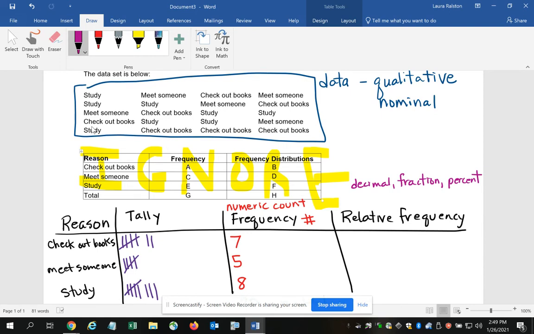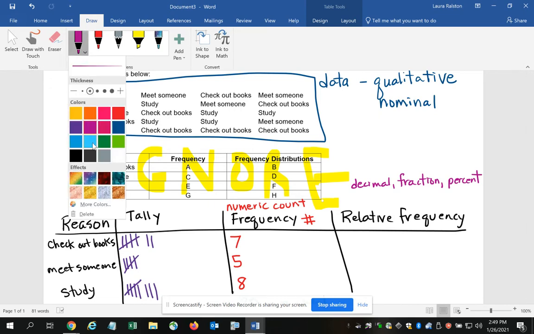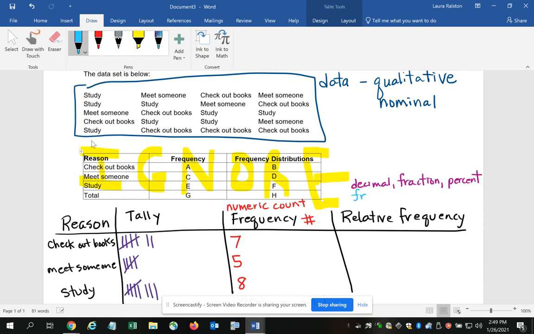If I did the survey tomorrow and maybe had 25 responses, I wouldn't be able to compare them apples to apples or oranges to oranges because they were different sized groups. The formula for finding the relative frequency is you take the frequency and divide it by the total number. If you want it to be a percentage, you multiply by 100%.